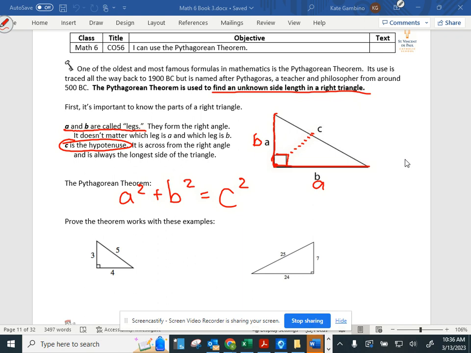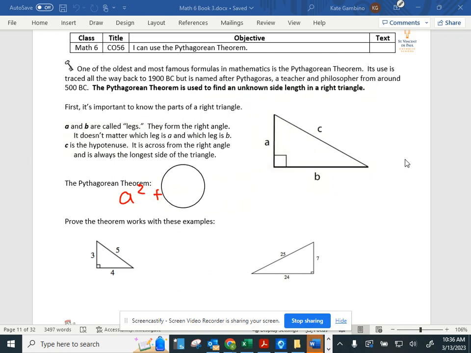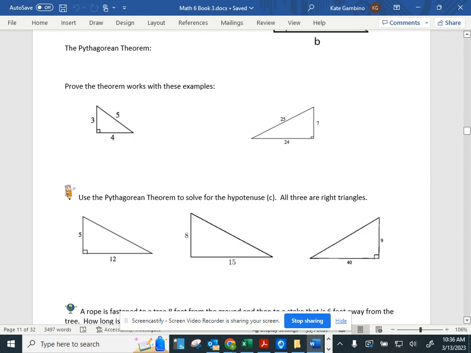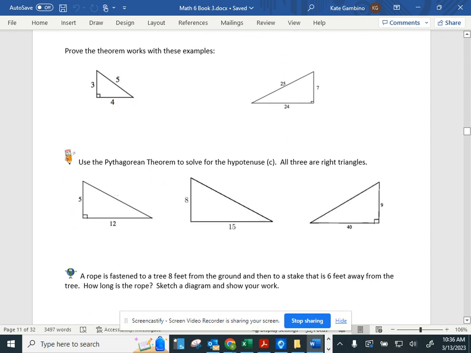So what does it mean to square a number, James? Times it by itself. So let's look at how this works. I'm going to scroll up so we can see better. So we're going to prove that the theorem works with these examples.